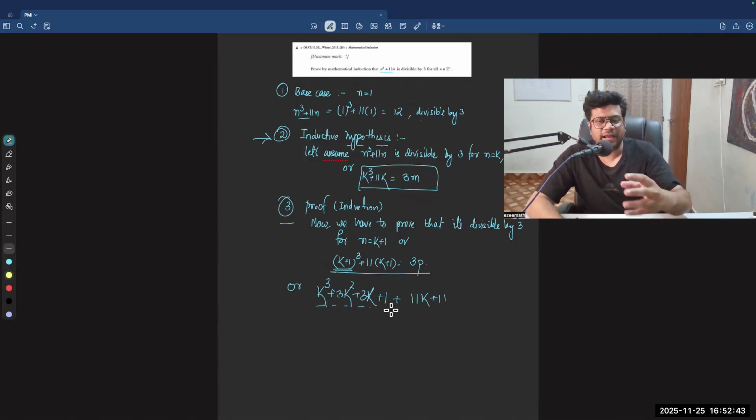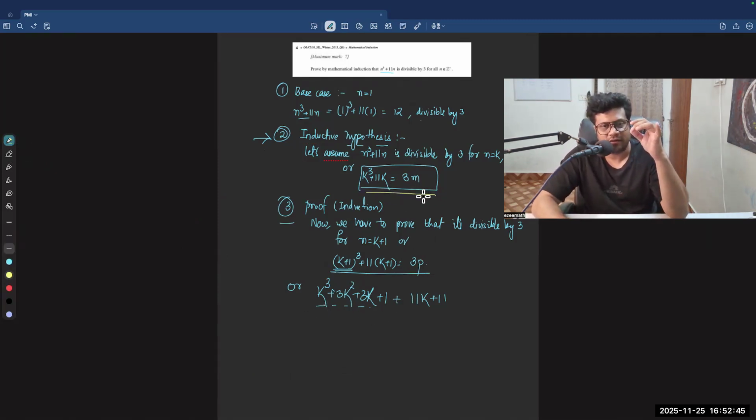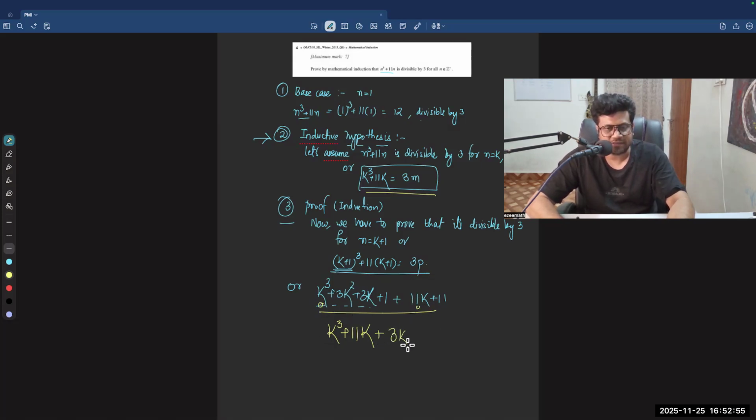Now I'm going to try to bring what I have here in here. How? Well, by rearrangement. So I go k cube plus 11k plus, and I'm going to bring these two together, and you have 3k square plus 3k plus 12. Now what I see is this I've already assumed to be 3 times m, and this is 3 times (k square plus k plus 4).